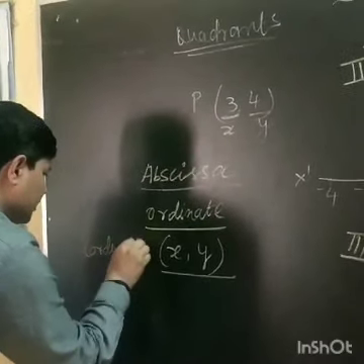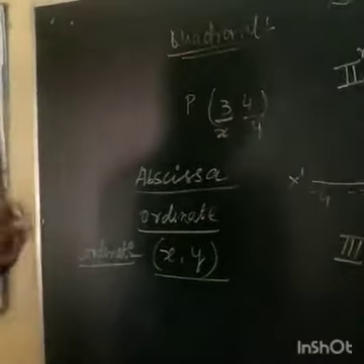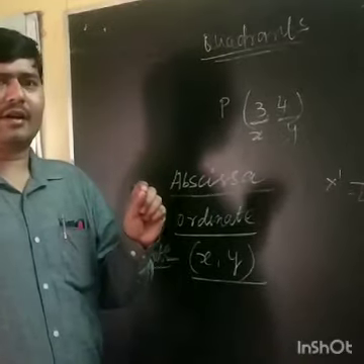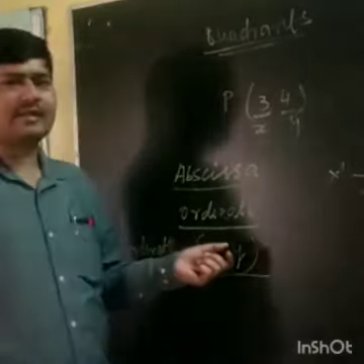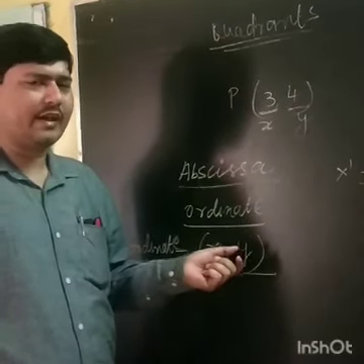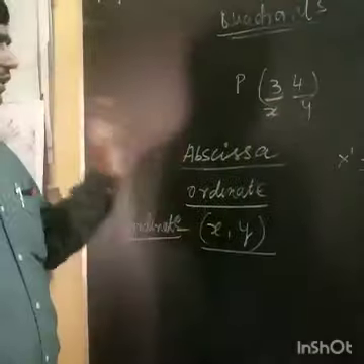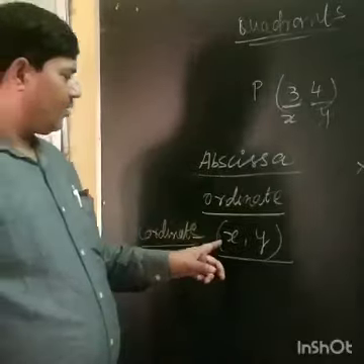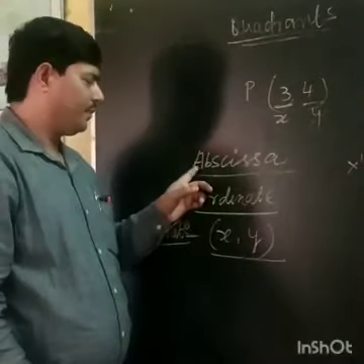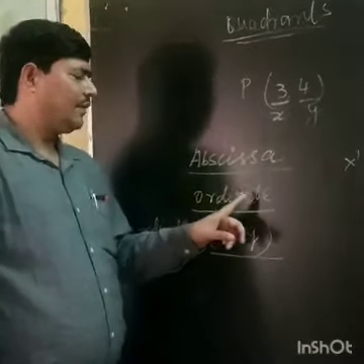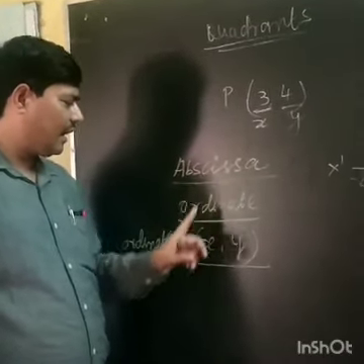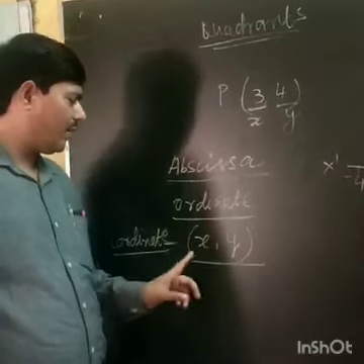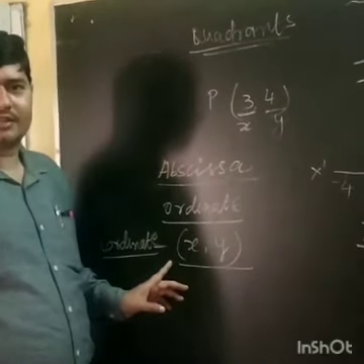Now, can you tell what the coordinate of a point is? It is the distance traveled on the x-axis, and with a comma, the distance traveled on the y-axis.